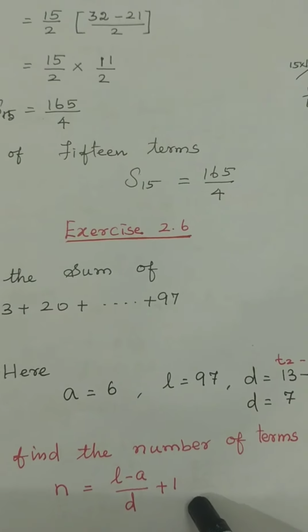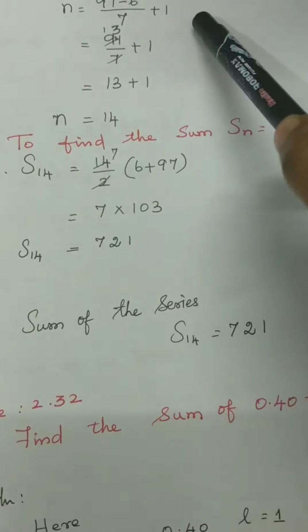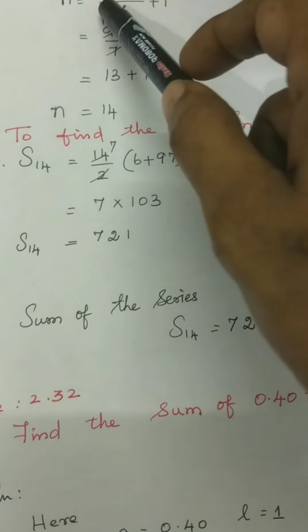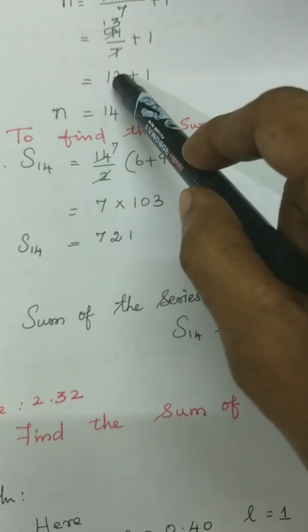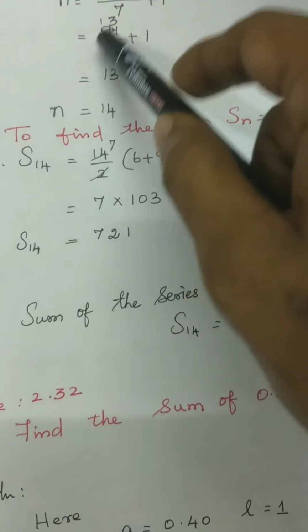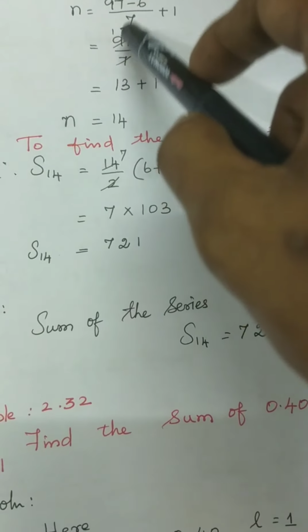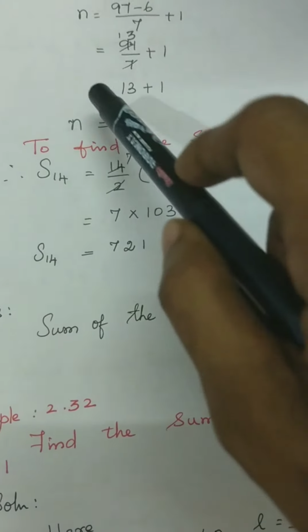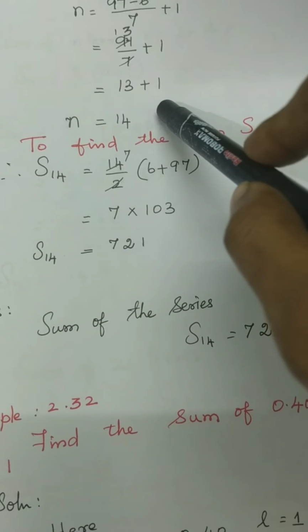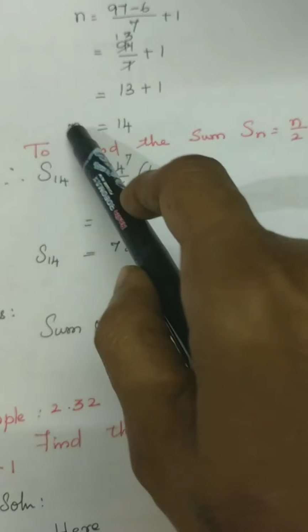N is equal to 97 minus 6 by 7 plus 1. 97 minus 6 is 91 by 7 plus 1. 7 times 13 is 91, so 13 plus 1 is 14. Now we have found the number of terms in the series, that is n is equal to 14.